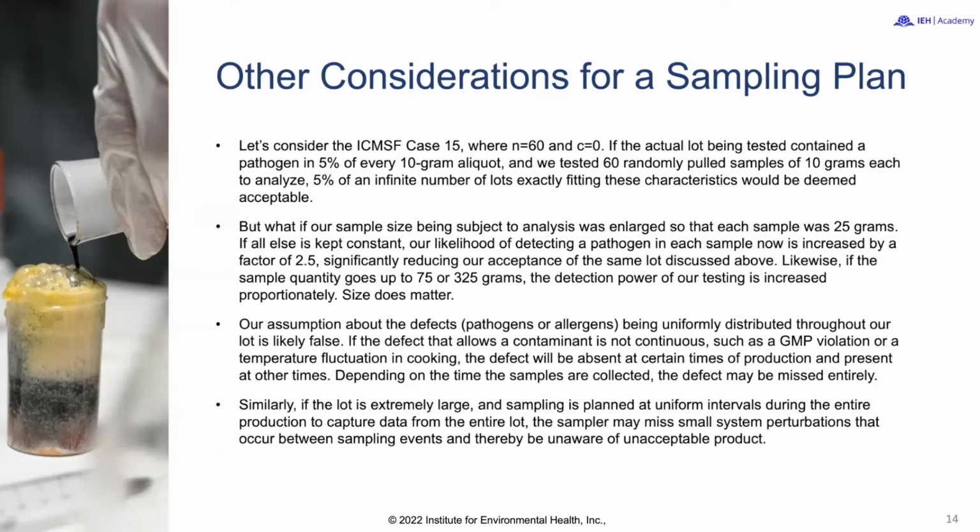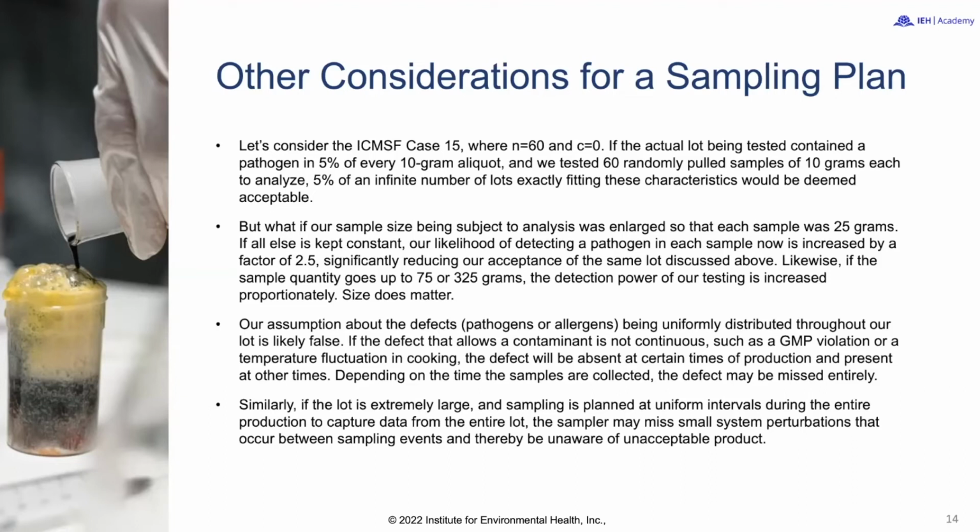So if a defect is not continuous, and this could happen for any number of reasons, such as let's say we have a GMP violation, an employee does something on the line and it perhaps only happens once during an 8-hour shift, or you had a slight power fluctuation and the temperature dropped for a very short period of time in your cook oven, you may not know that those things happened, and you would see a potential discontinuous process control and therefore a resultant contaminant.